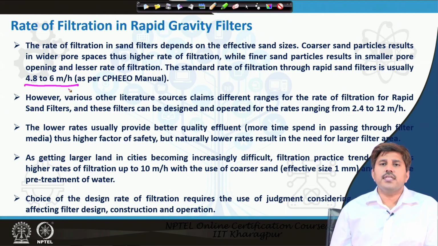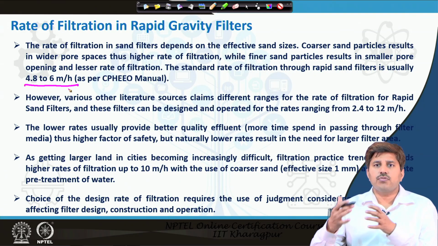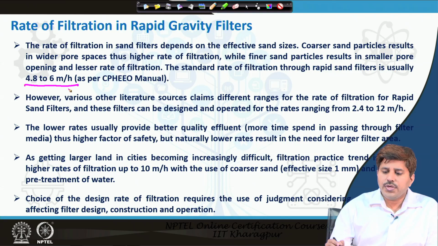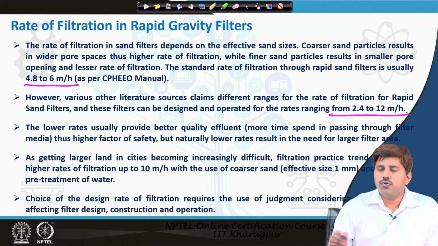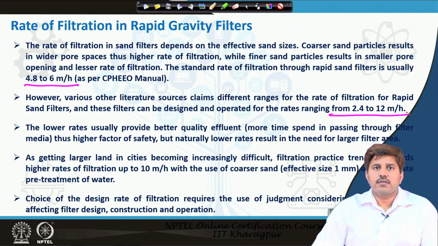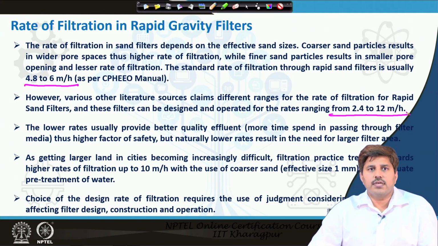If you try to thoroughly review the literature, we get a range of flow for rapid gravity filters from 2.4 to 12 meters per hour. So, it can go as high as 12, and people do operate at lesser flow rates also, as low as 2 meters per hour.